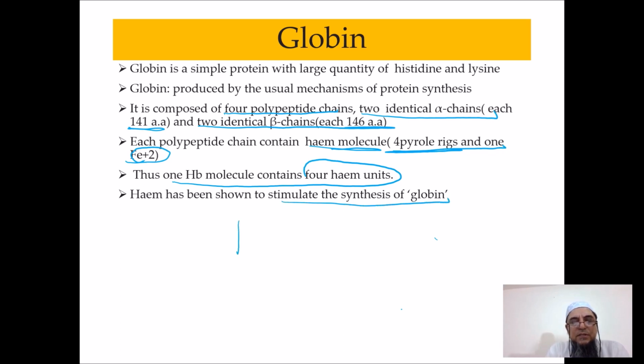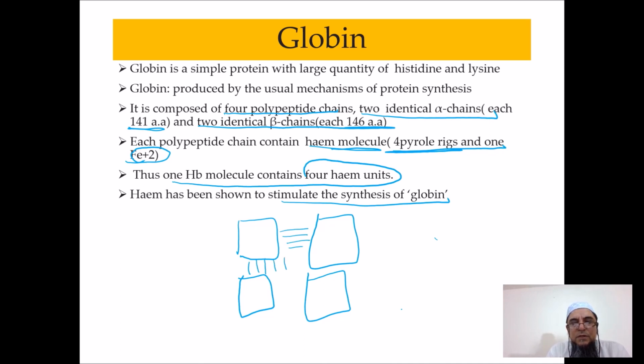So for example, this is one chain, this is another chain, this is another chain, this is another chain. They are interconnected with each other, and they have salt bridges in between. This is alpha 1, this is alpha 2, this is beta 1, this is beta 2. And in them they have heme pockets.